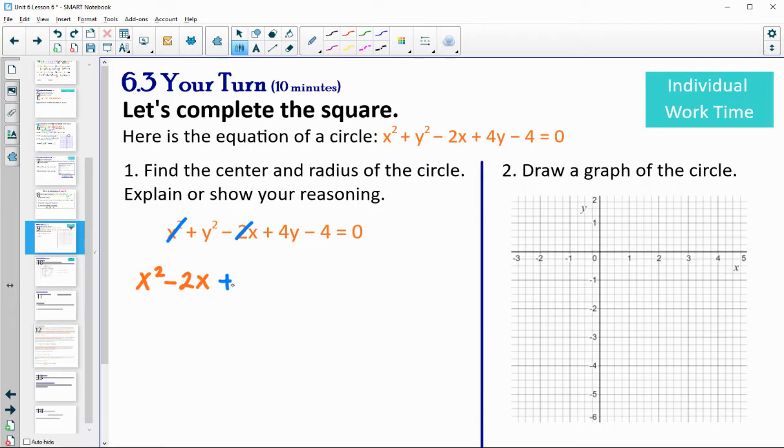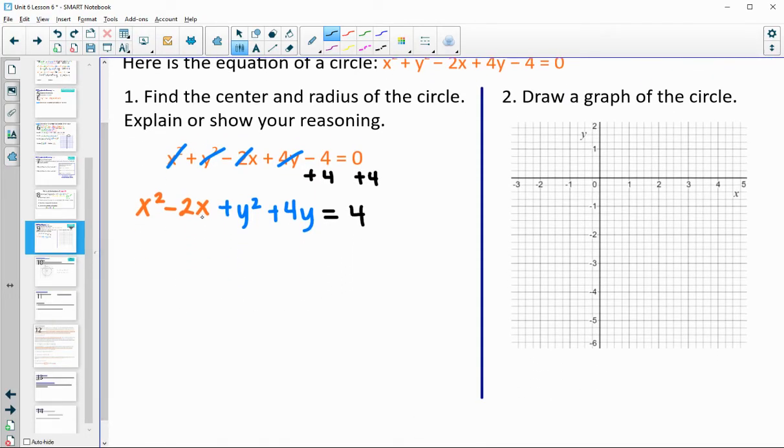Then I have a positive y squared, and I have a positive 4y. So now I've done those. And then we wanted to bring these constants over to the other side. So I'm going to add 4 to both sides to bring this 4 to the other side. So then I have this equal to 4.